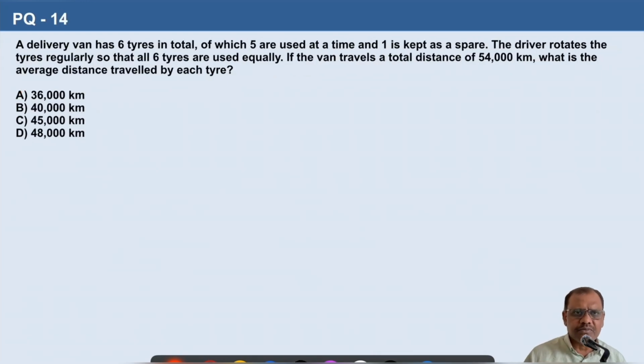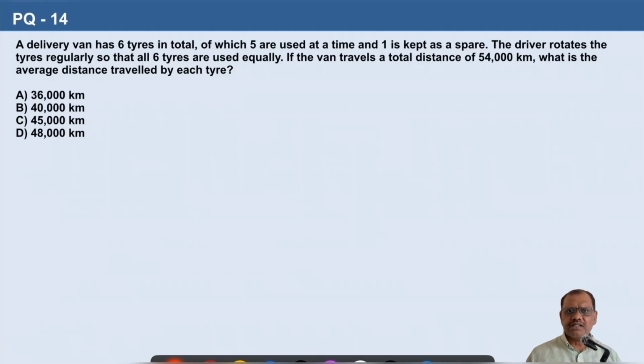Question number 14. A delivery van has 6 tires in total, of which 5 are used at a time and one is kept as a spare. So the driver rotates the tires regularly so that all 6 tires are used equally. If the van travels a total distance of 54,000 kilometers, what is the average distance traveled by each tire?